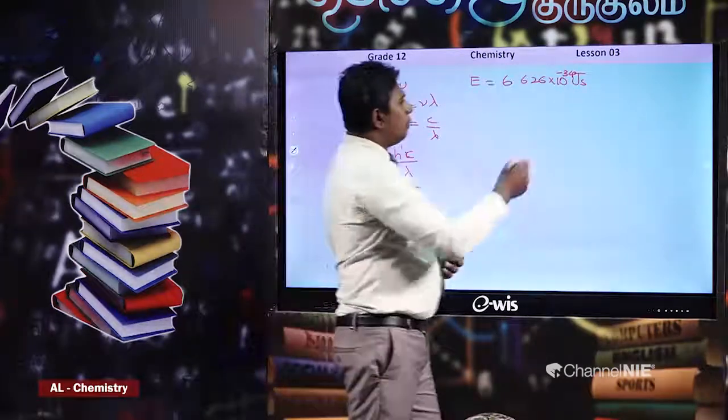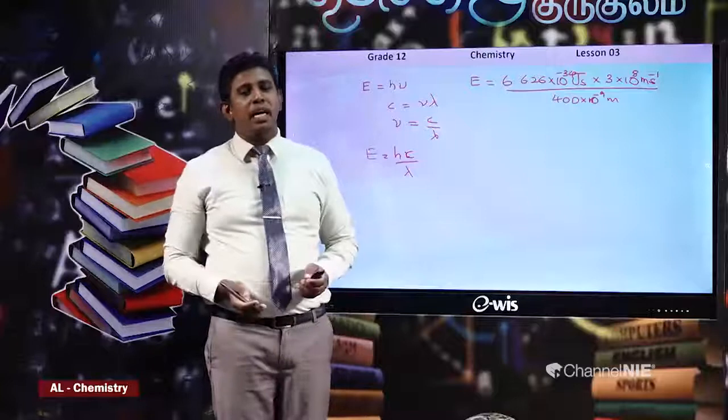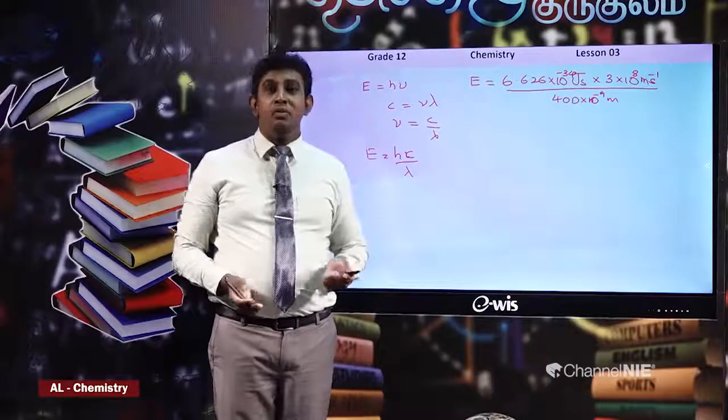Then, hope you know this, the velocity of electromagnetic radiation is 3 times 10 to the power 8 meters per second. Then students, let's divide that by lambda, which is 400 nanometers, in meters it's times 10 to the power minus 9. So it's in meters. We need to find the answer for this sum.